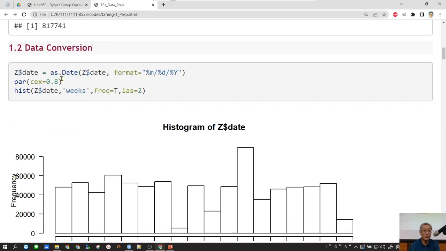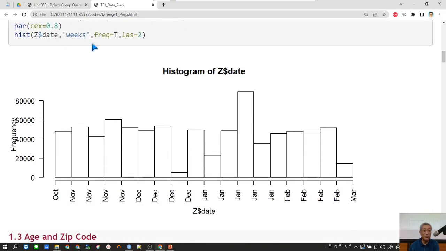So we use this to transform the date, and after that we can do a histogram. You can see that the period is not too long. It's just from November to the end of February, so we only have about 4 months of data in total.